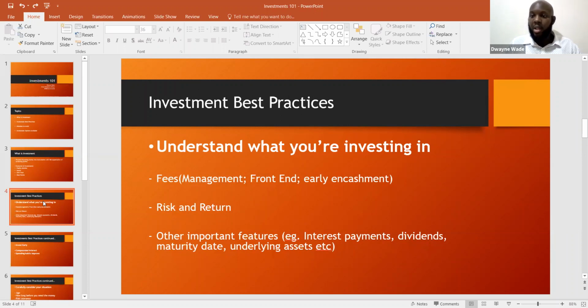So this is something that we need to know prior to investing in an asset. We also need to know other important features of these assets, like interest payments, if any, or dividends, right? As mentioned earlier, bonds are a type of asset or investment financial instrument, and typically bonds pay interest payments every 6 months, right? We need to know.